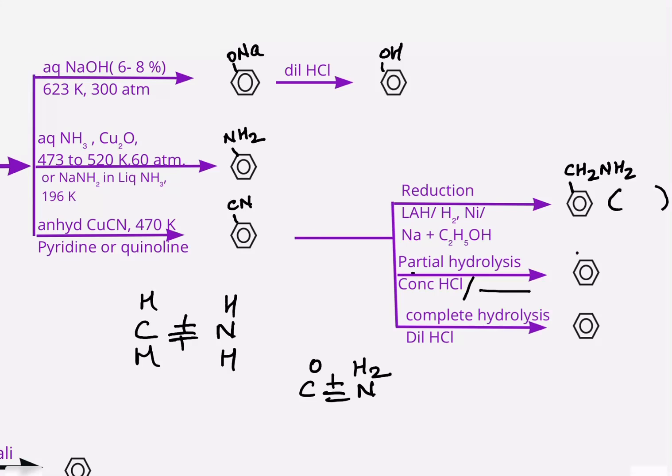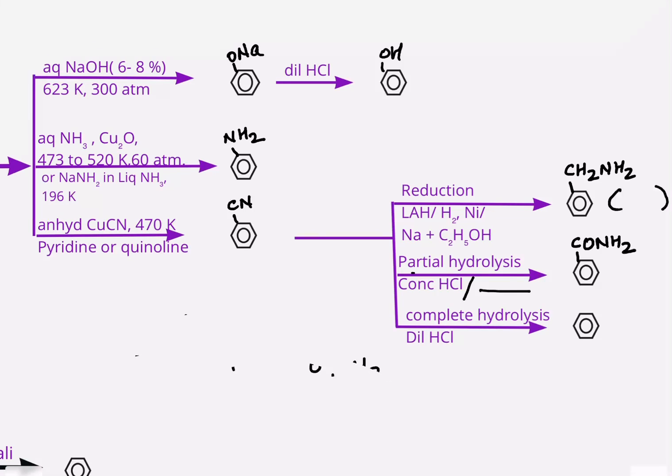So what do you get over here? Yes, it's an amide, CONH2. If you are finding it difficult writing the structures like this and you want to write the complete reaction, this is how we are going to do it. There we go. So we formed CN, then we've got reduction.